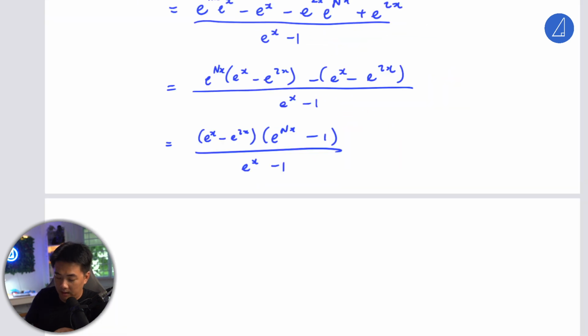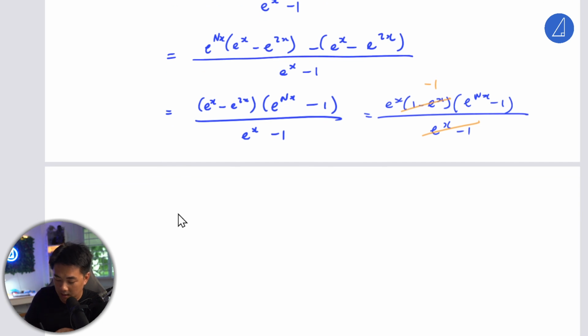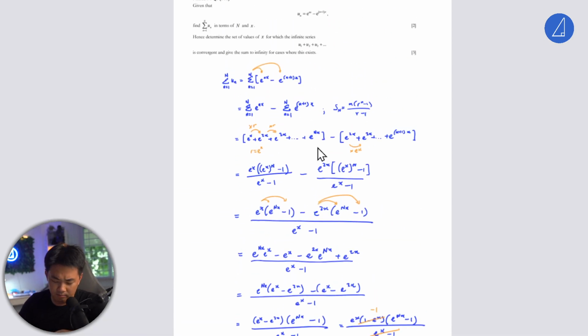Similarly, we can factorize e^x out, giving e^x(1 minus e^x)(e^(Nx) minus 1). The reason we factorize is so we could cancel the e^x minus 1 out. Then we get e^x(1 minus e^(Nx)). This is how you simplify it if you're told to, but you can leave it as it is as well. So this could be the answer.